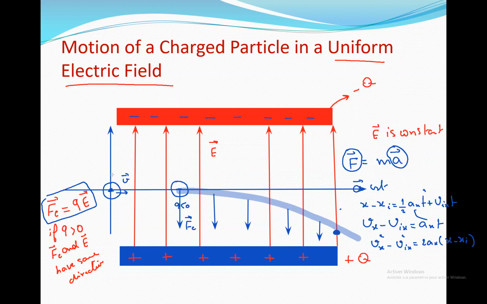Here you have x, and this one is y in the negative direction. Okay, anyway, you can use these kinematics equations to calculate ax, x, vx, vy, and any parameter. Okay, in the application we will understand well how we can calculate each value. Thank you.